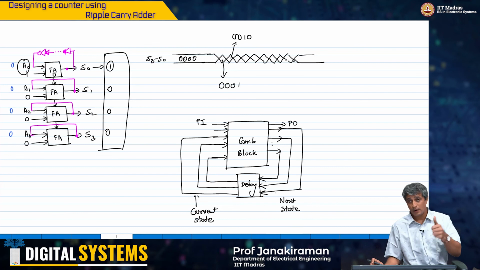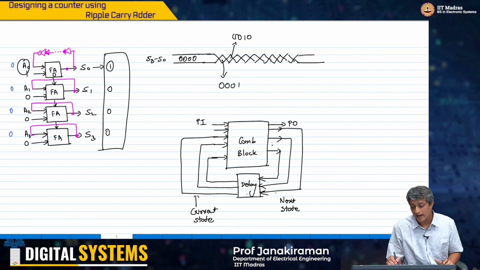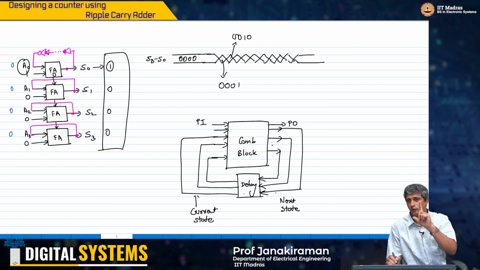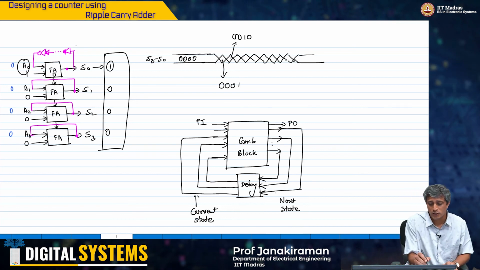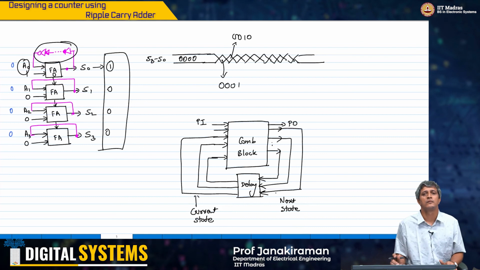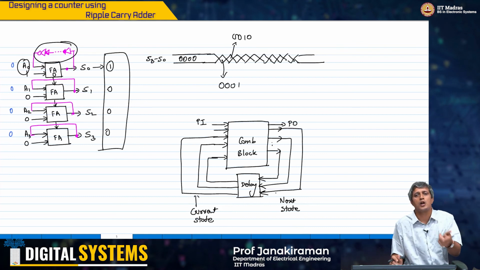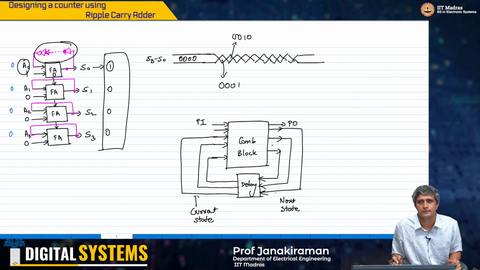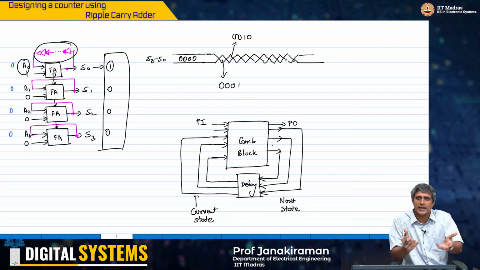Okay. But remember, this delay, first of all, I should have control over it, right? If I just put a bunch of inverters like this, then I cannot control the delay after the chip has come back, whatever delay I get.